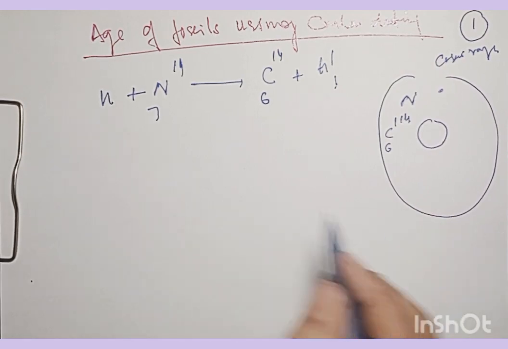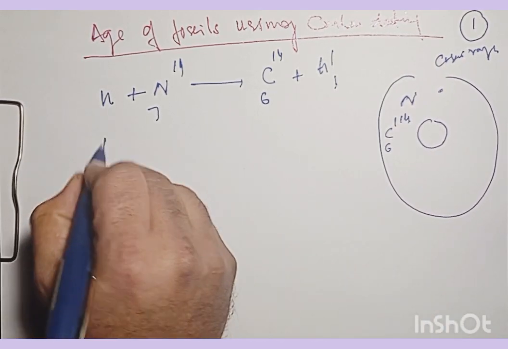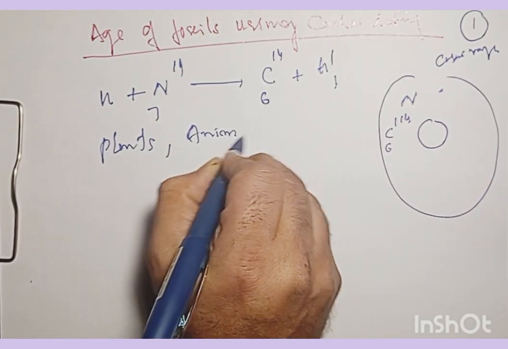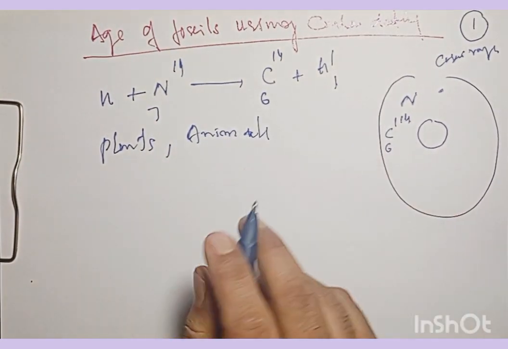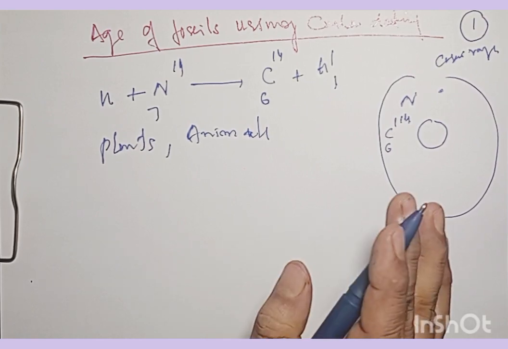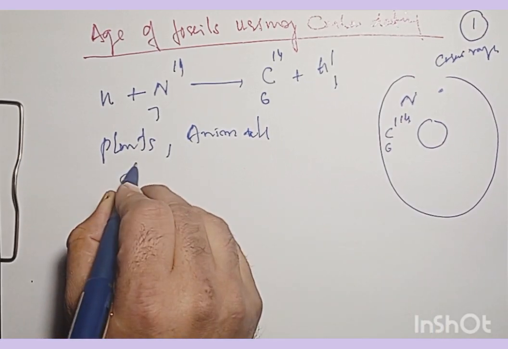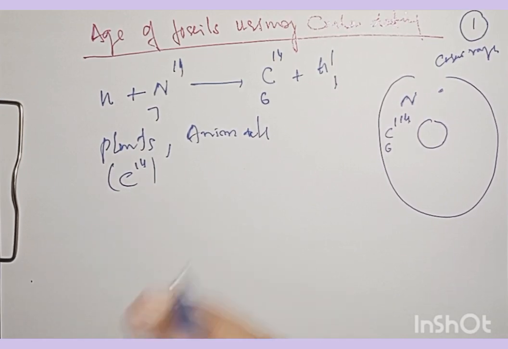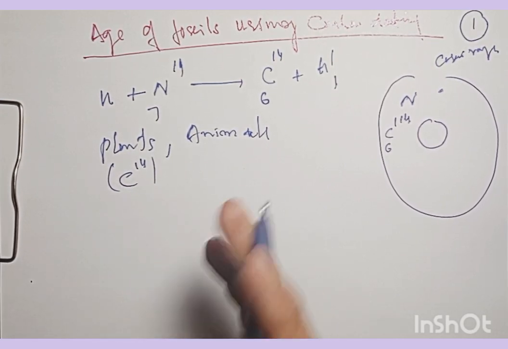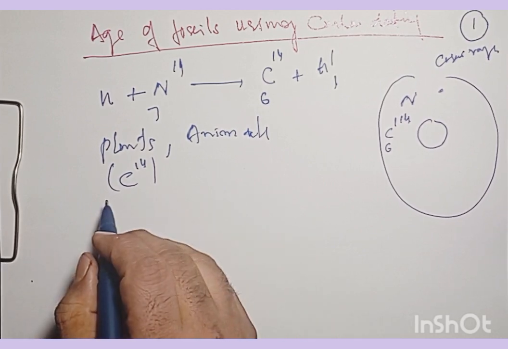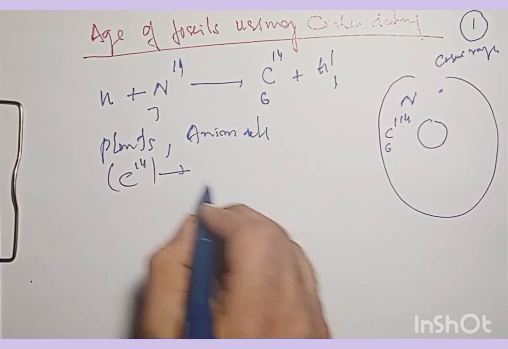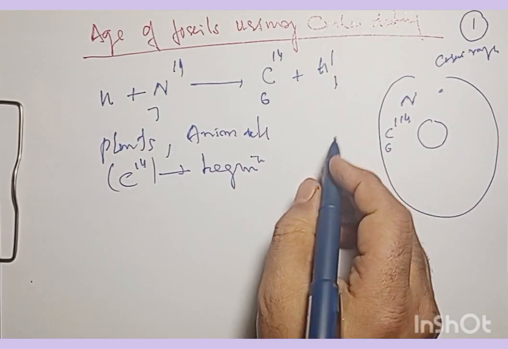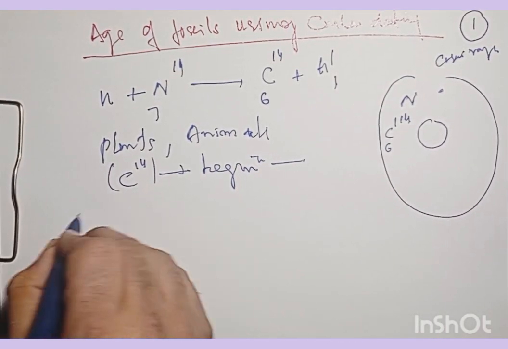Now, all living things that we have, whether plants or animals, have some quantity of radioactive C-14. As soon as a plant or an animal dies, this C-14 begins to decay, and it has a half-life.